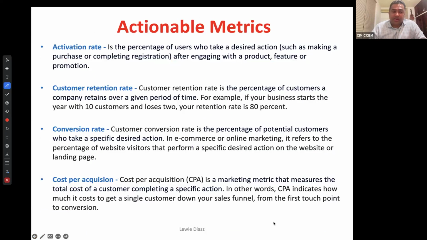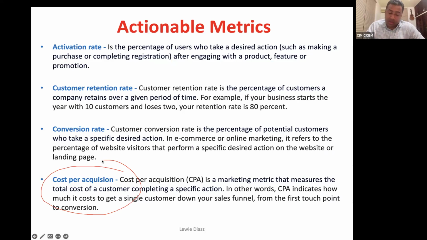And the final point here is the cost per customer acquisition. We call it CPA, cost per acquisition. Every customer is a cost to acquire. That is why Kotler said it is cheaper to retain customers than to acquire new customers. So the acquisition cost per customer should always be low.